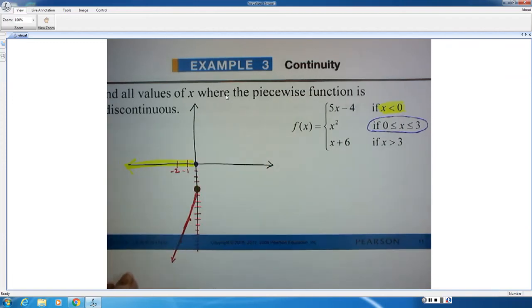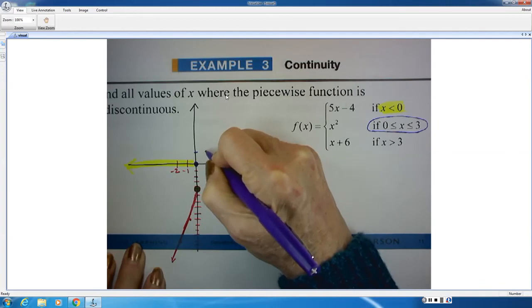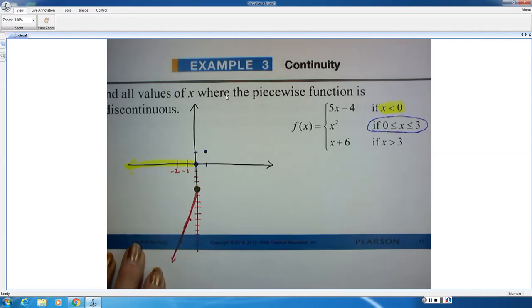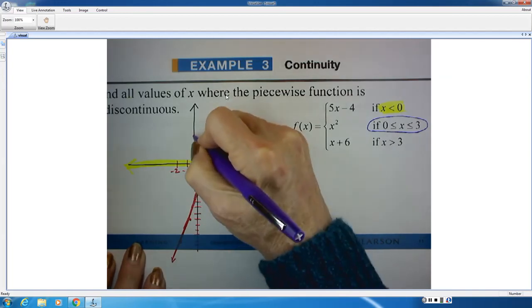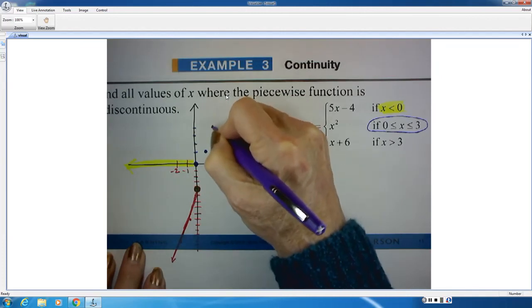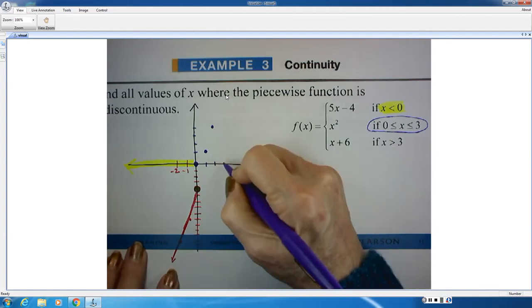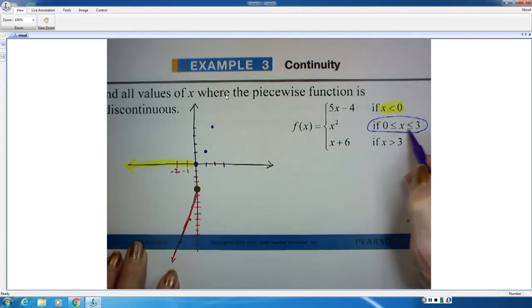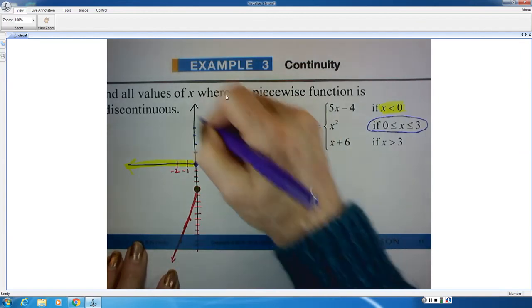And if I plug in x equals 1, 1 squared would be 1. If I plug in x equals 2, 2 squared is 4. And then if I plug in x equals 3, and remember that's the end point, I'm not going beyond 3 with this rule, then 3 squared would be 9.